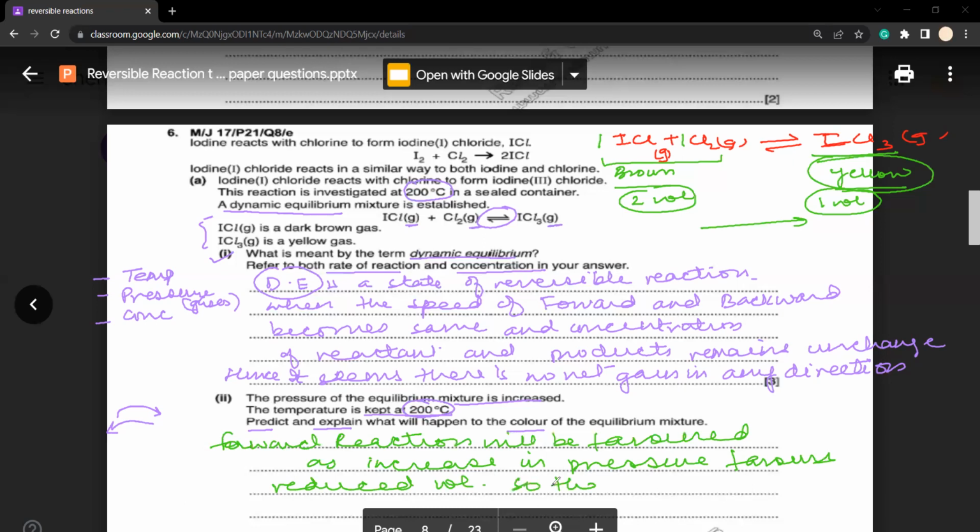So the overall equilibrium mixture will turn yellow. All right, so that is what I'm going to write down in the explanation.